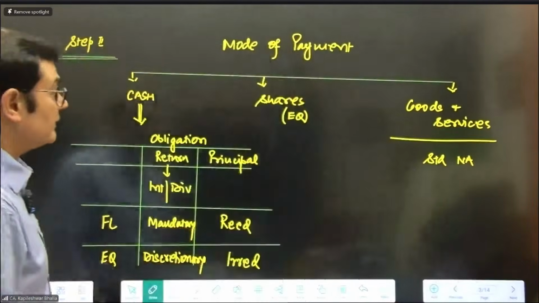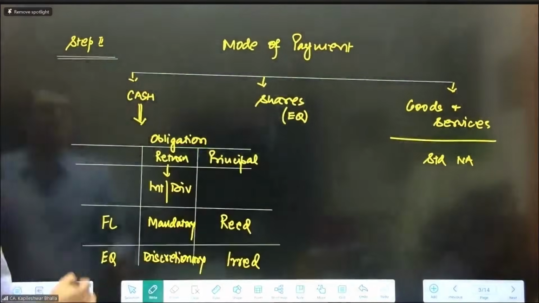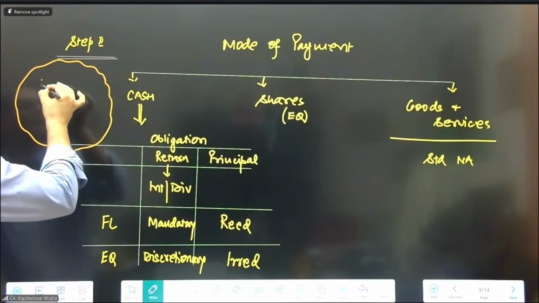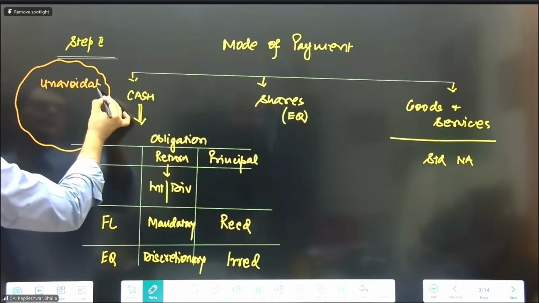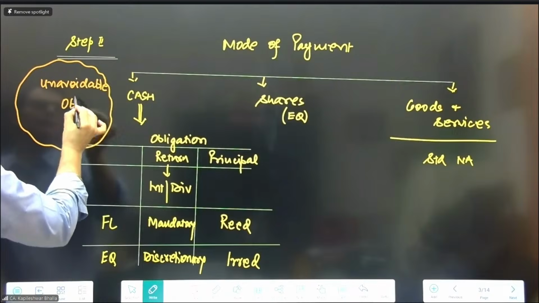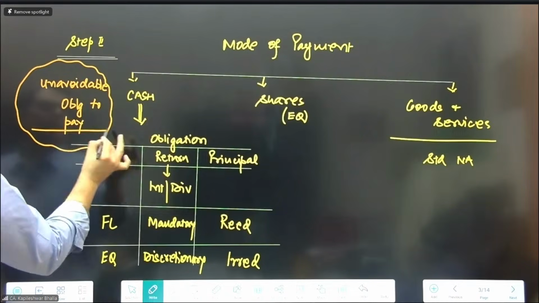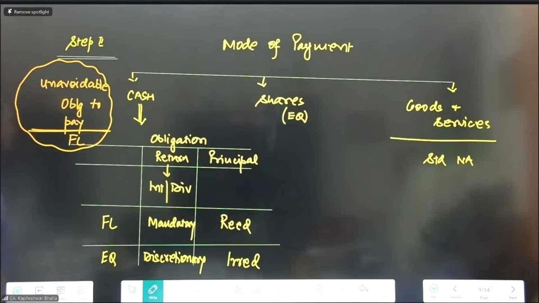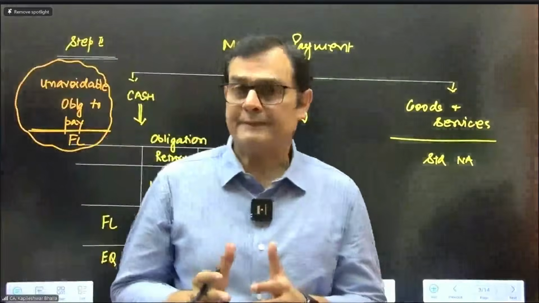So remember the key point: when the mode of payment is cash, you need to ultimately prove that there is an unavoidable obligation to pay. Only when there is an unavoidable obligation to pay will it become a case of a financial liability. So that's the key point you need to keep in mind.